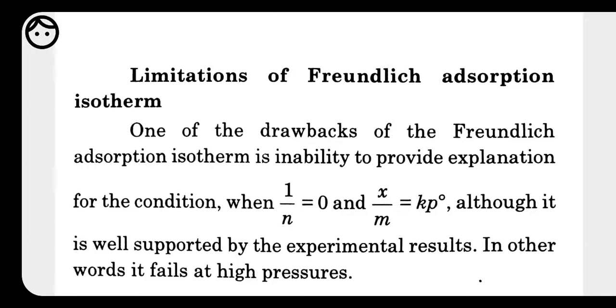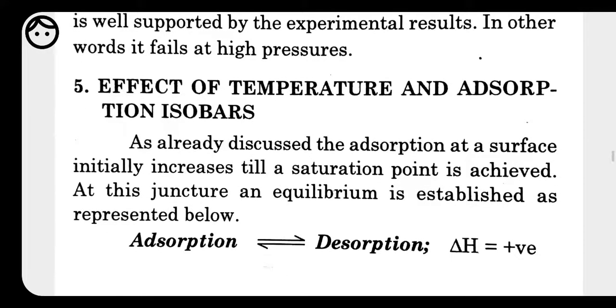Okay, after that we have the effect of temperature and the adsorption isobar. What do we mean by isobar? We keep the pressure constant and increase or decrease the temperature. We know that the adsorption process is an exothermic reaction.